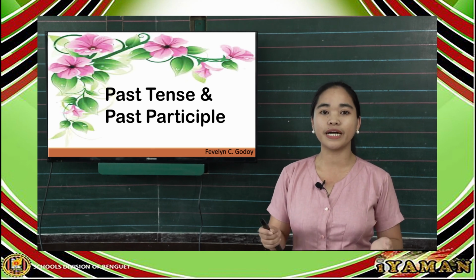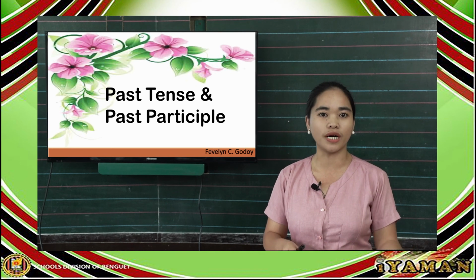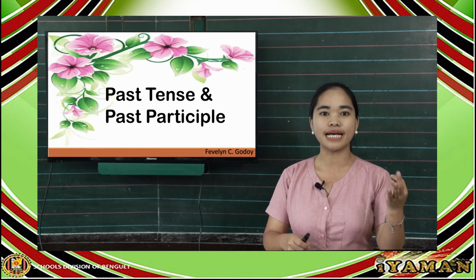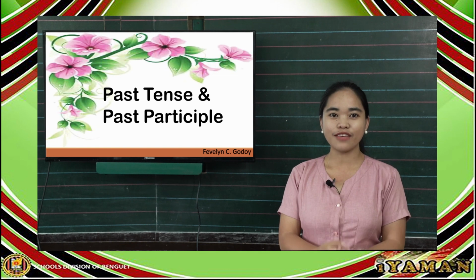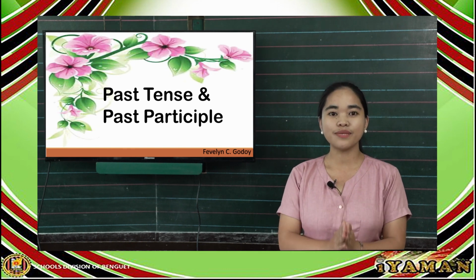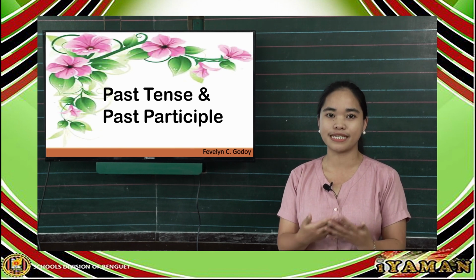In the succeeding parts of the module, you will be presented with Activity 1, 2, and 3. At the same time, you will also be doing Assessment 1, Assessment 2, and Assessment 3. At the end of everything, you are to answer the post-assessment. This will gauge whether you have mastered the desired learning competency.